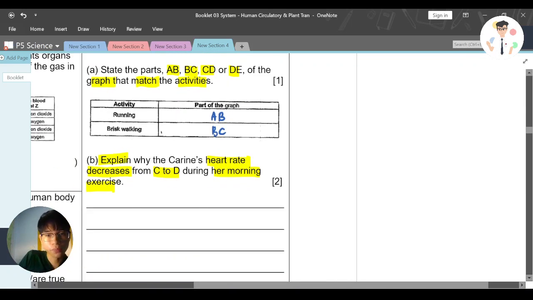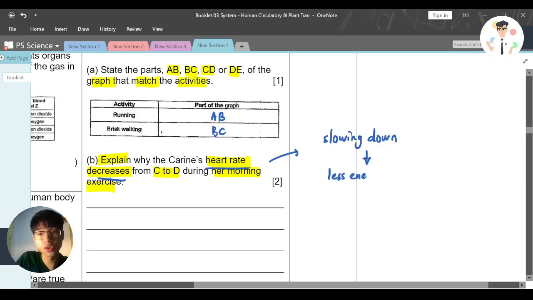So, let me draw a mind map here just to explain. Karin now is supposed to be slowing down. That's why it's slower than brisk walking. And when I slow down, that basically means that less energy is required. So that's how you're supposed to think.